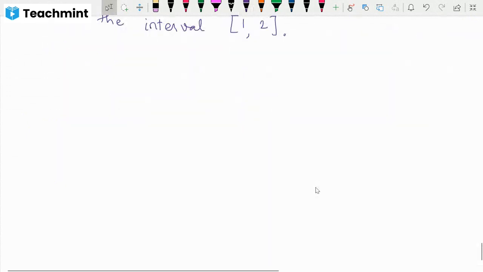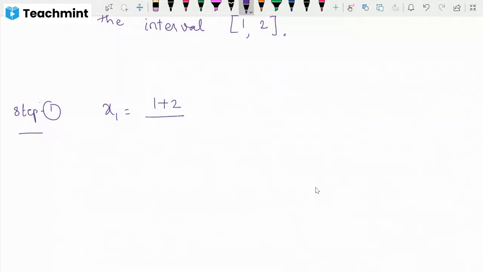So step 1, you can call it iteration 1. What is x1? That is 1 plus 2 divided by 2, and it will be 1.5.